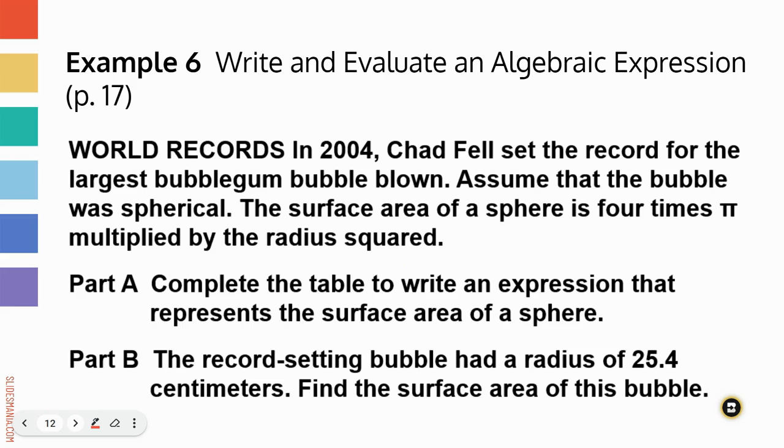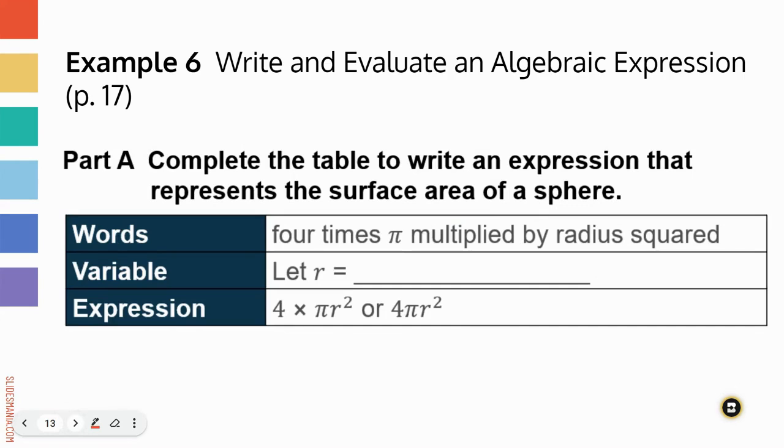So in part A, we want to complete the table to write an expression that represents the surface area of a sphere. And then in part B, the record setting bubble had a radius of 25.4 centimeters. Find the surface area of this bubble. So in words, we have 4 times pi multiplied by radius squared.